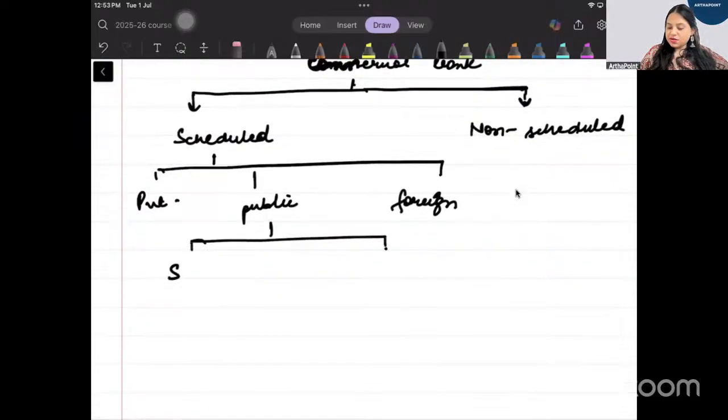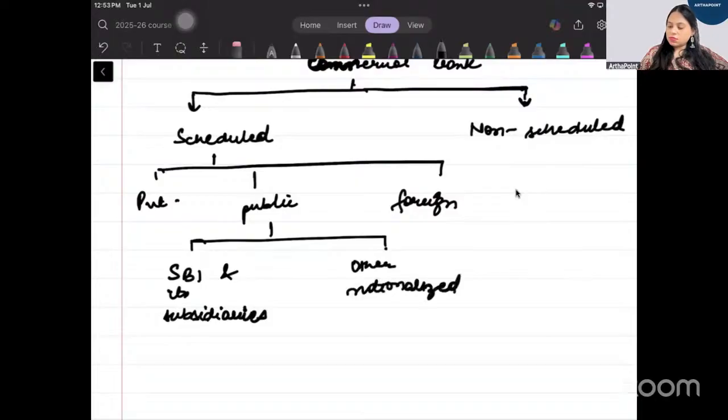Here you have SBI and its subsidiaries and other nationalized banks. Right? So you have to understand the difference between a scheduled bank and a non-scheduled bank.